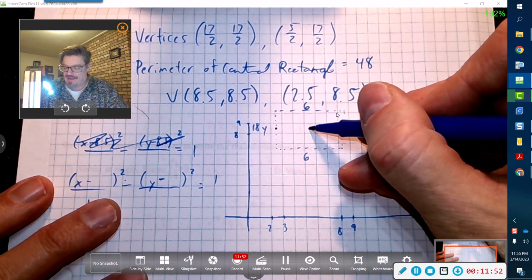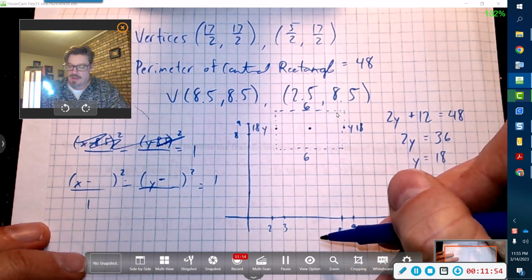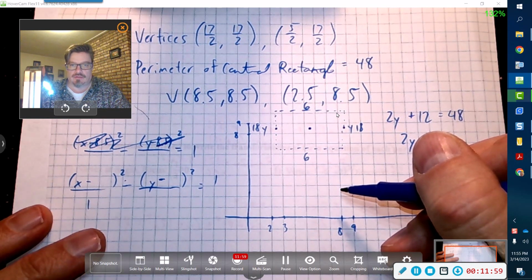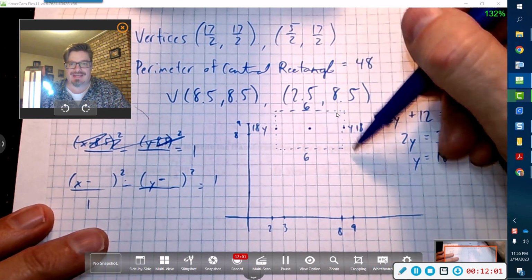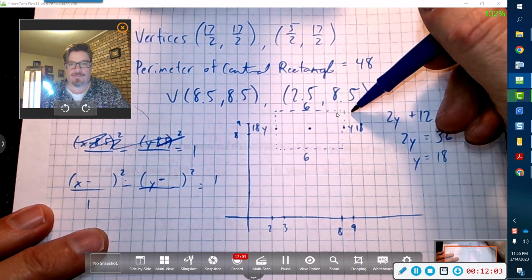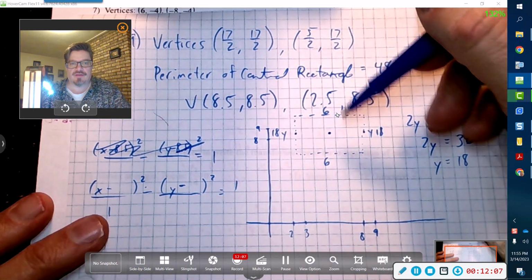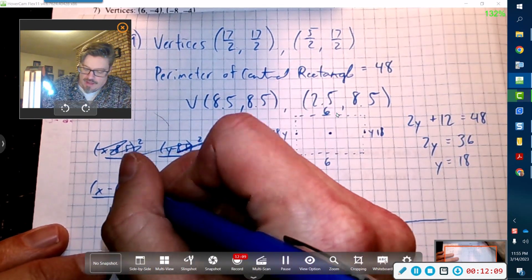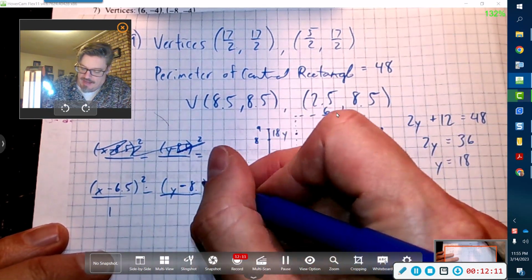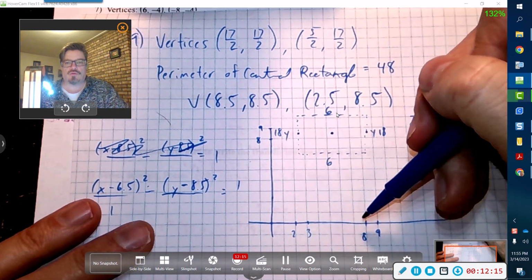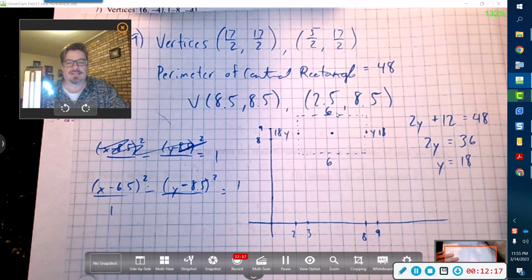That's 5.5, but I am still 8.5 high. I'm still 8.5 high. It's just that I'm 6.5 on my x. So I'm up 8.5. I'm over 6.5. I had to cut that in half.